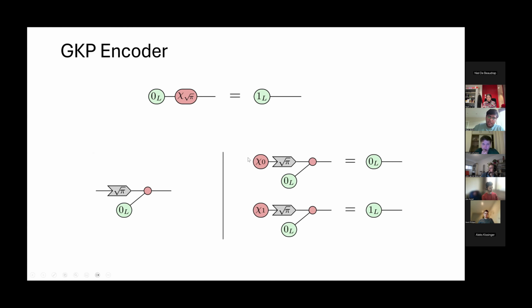If I input ket 0 to the multiplier square root of pi, I still get ket 0, and I just get the identity over here, which is the logical 0 state. But if I input ket 1, then that will make it chi sub square root of pi, and that will shift the ket 0 to become ket 1.